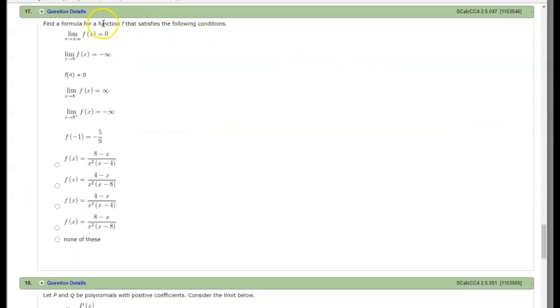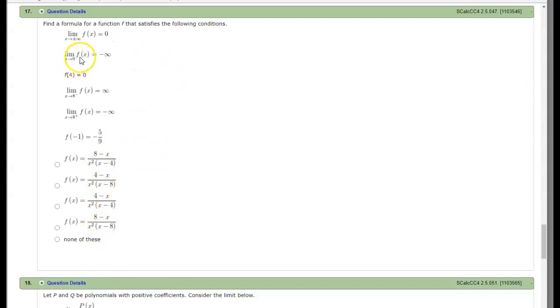For number 17, they're giving you some hints about what the function should be. So if you're going down through this, x goes to positive or negative infinity, that's end behavior, and it's settling down to 0. So I know the denominator has to be a bigger power than the numerator. So all of these have the denominator as a bigger power than the numerator.